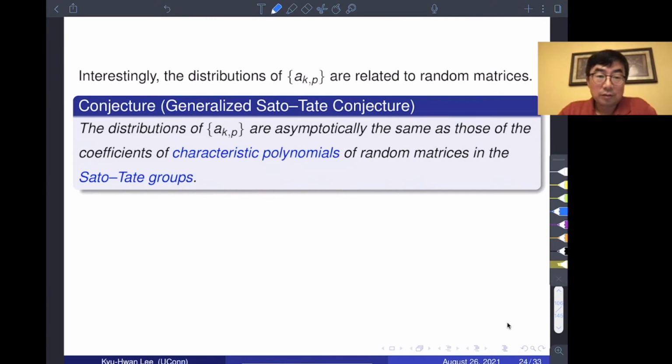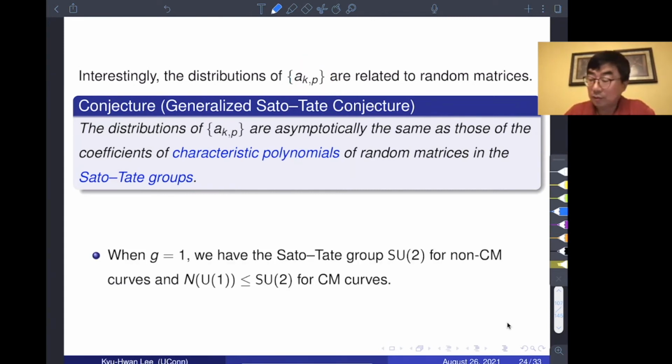The conjecture is this: the distributions of these numbers are asymptotically the same as those of the coefficients of characteristic polynomials of random matrices in the Sato-Tate groups.